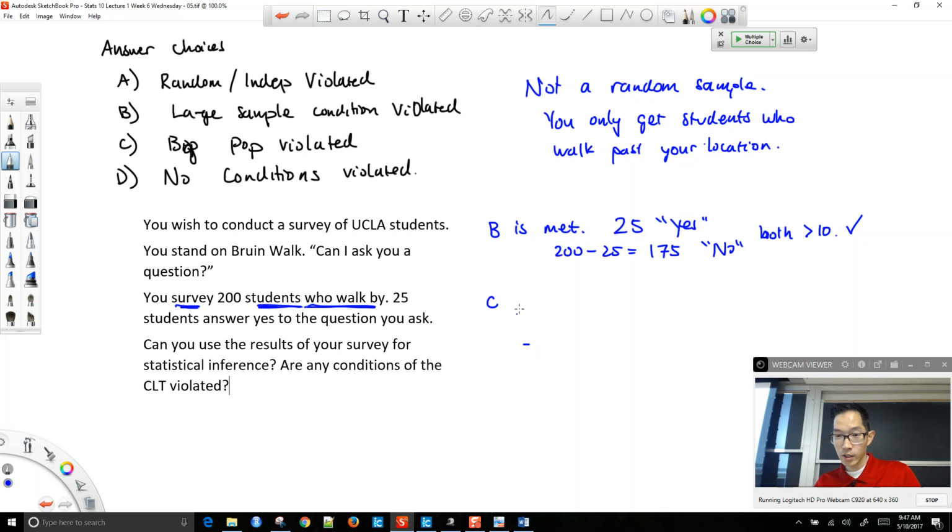Our sample is 200 students. Is there more than 10 times that many students at UCLA? Yes. 200 times 10 is 2,000, and the population of UCLA students is greater than 2,000.